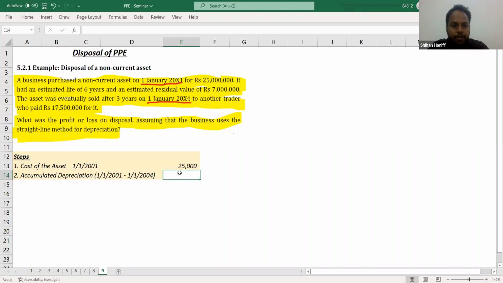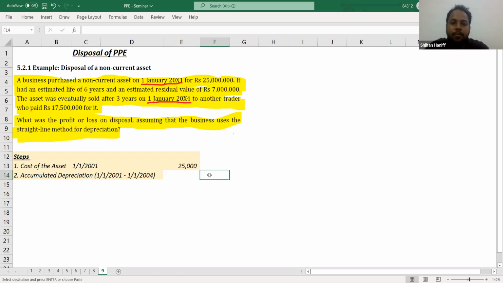3 years depreciation. Annually, estimated life of 6 years. Residual value is 7 million.